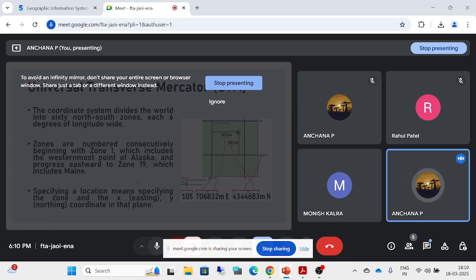This is just a trivia kind of thing. The Universal Transverse Mercator is a map coordinate system which divides the world into 60 north-south zones, each 6 degrees of longitude wide. Let me connect my tablet so that I can draw and show you.